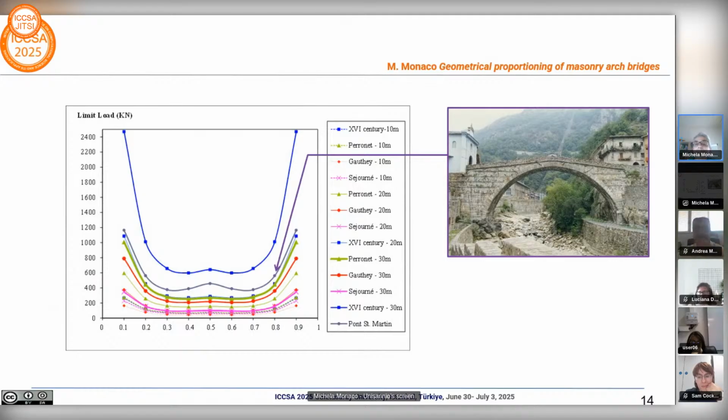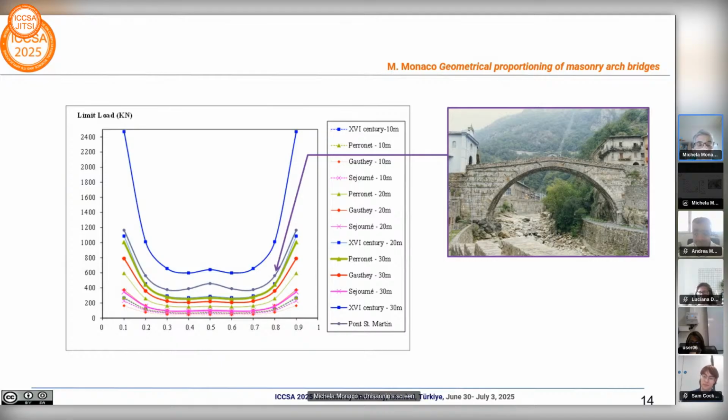It is a bridge with a low crown thickness to span ratio, and the safety degree in this case is comparable with those obtained by means of the more ancient formulas.